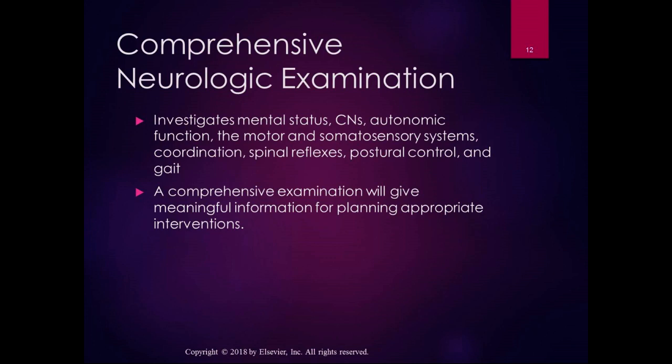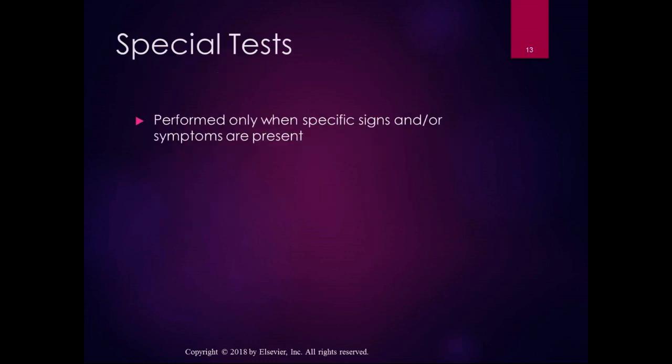So by testing all those things, you can rule out things that you don't need to work on and focus in on the things that you do need to work on. Ordinarily, special tests are performed only when specific signs or symptoms are present. So if they're looking for a particular thing, they might do a test particularly for that condition.